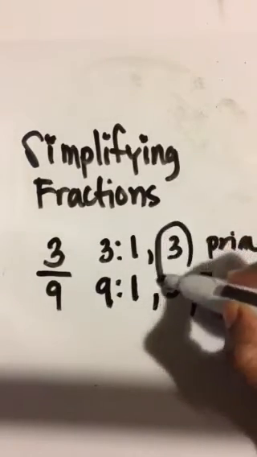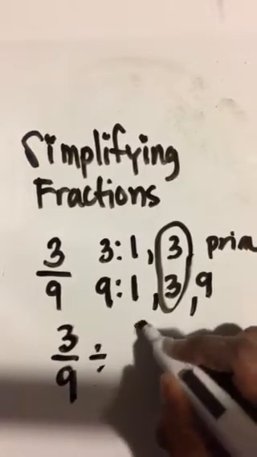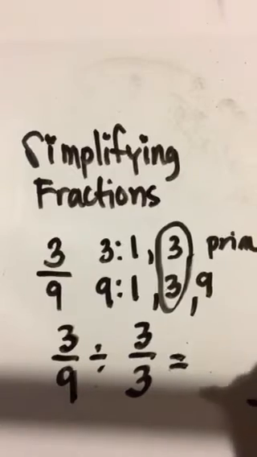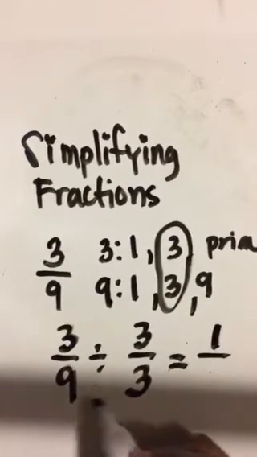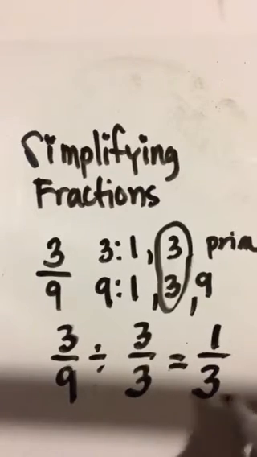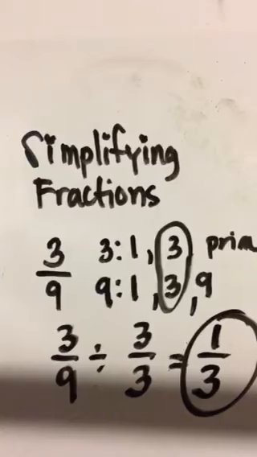So yep, that means that 3 and 9 can both be divided by 3 to get a simplified version. 3 divided by 3 is 1, and 9 divided by 3 is 3. So 3 9ths is equivalent to 1/3. 1/3 would be the answer on the test.